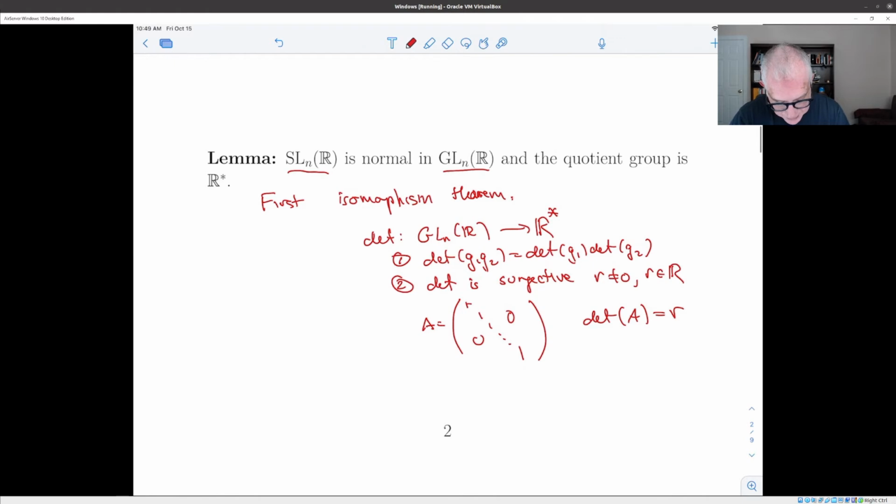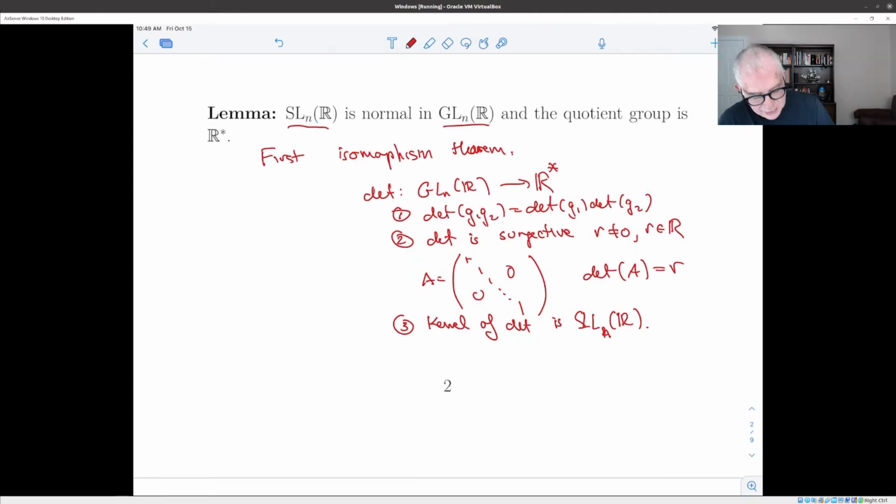And finally, the kernel of the determinant, by definition, is SLNR. And by the work that we did on factor groups, we know that kernels are automatically normal subgroups.